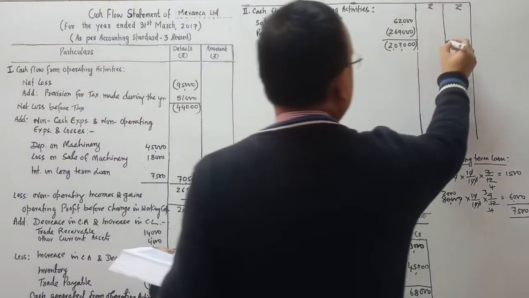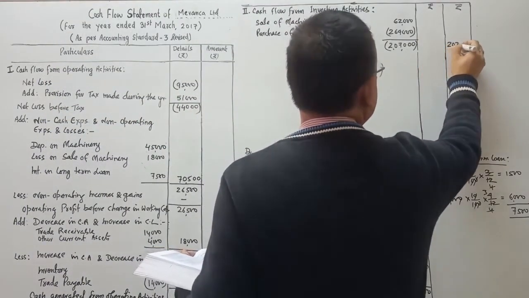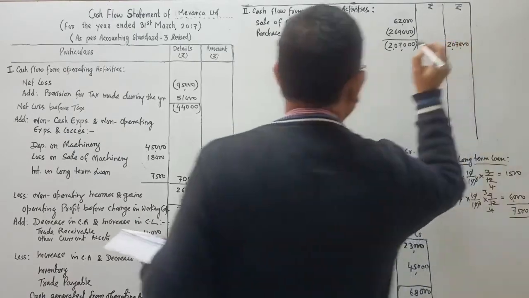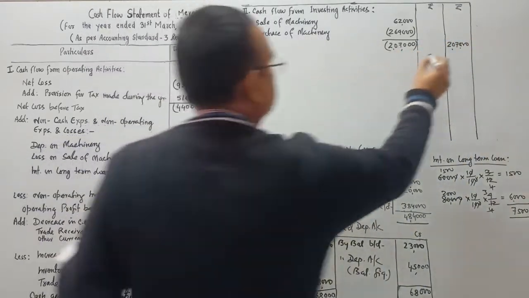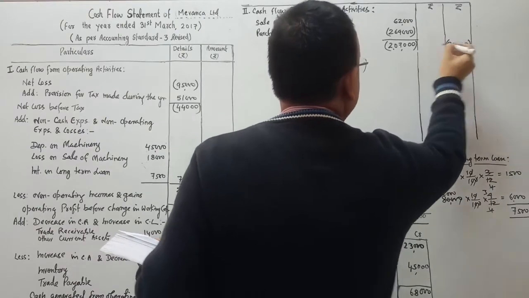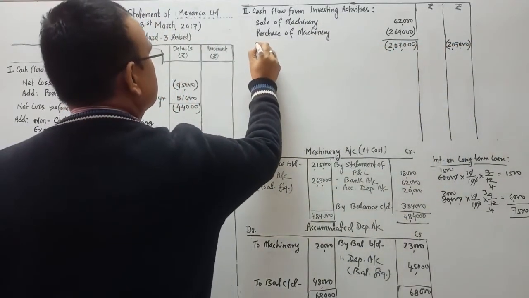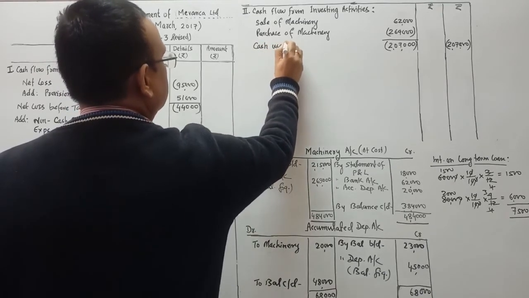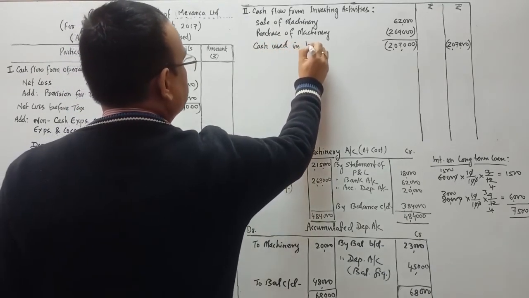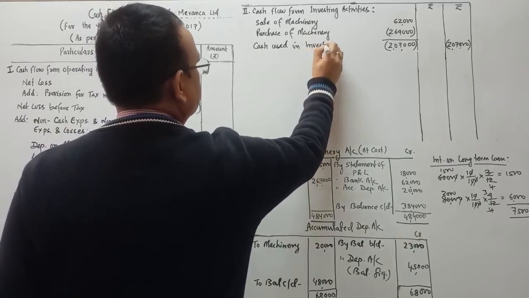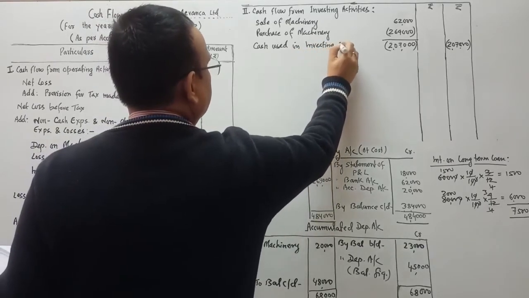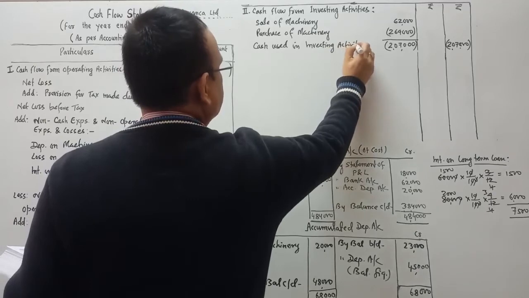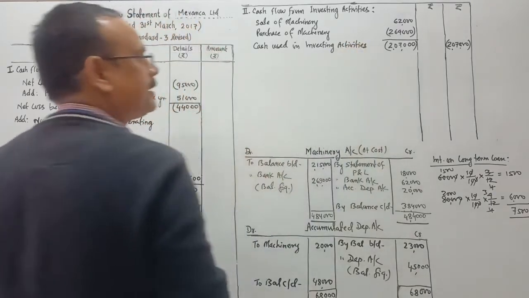So you write the amount in the outer column, 2,07,000. This is in minus, so you write cash used in investing activities.